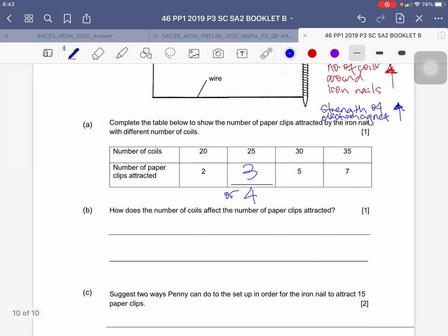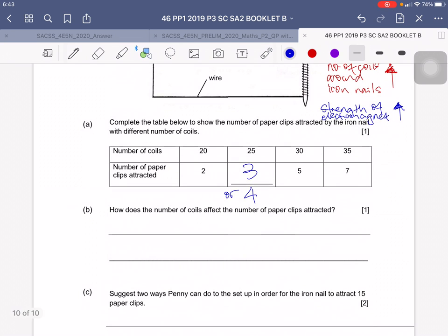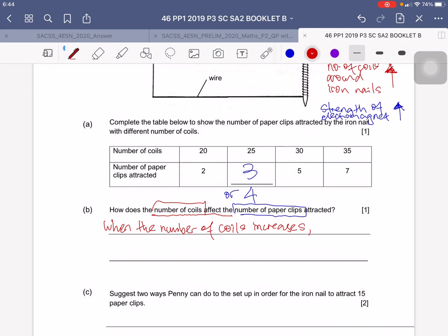Okay, doesn't matter. Now how does the number of coils affect the number of paper clips attracted? Okay, so this type of question is talking about a relationship. So you can answer when, okay, you can copy the words here. Number of coils increases. Okay, then the next part here is the number of paper clips. How does it affect this? So we can see that when this increases, number of paper clips also increase.